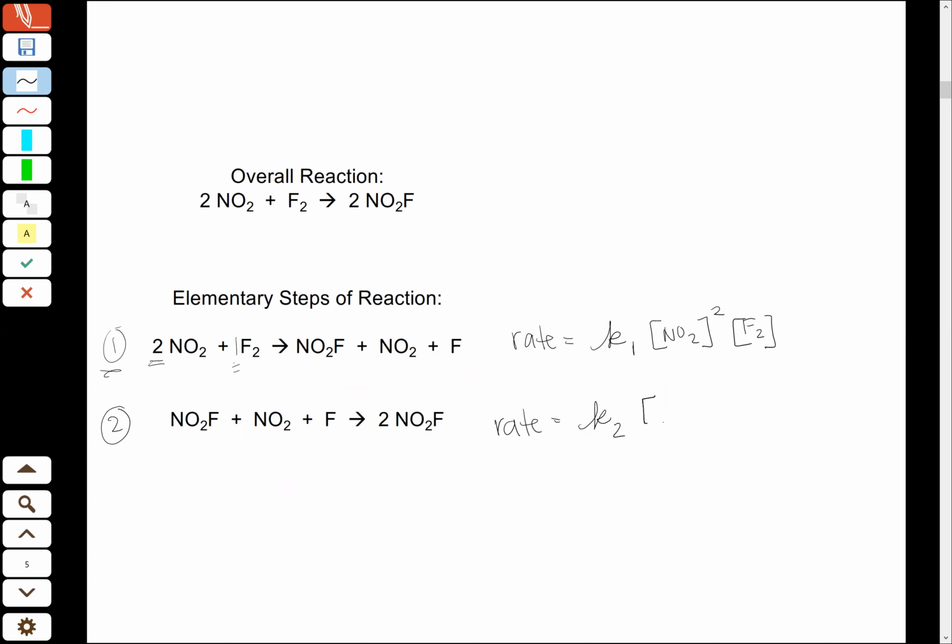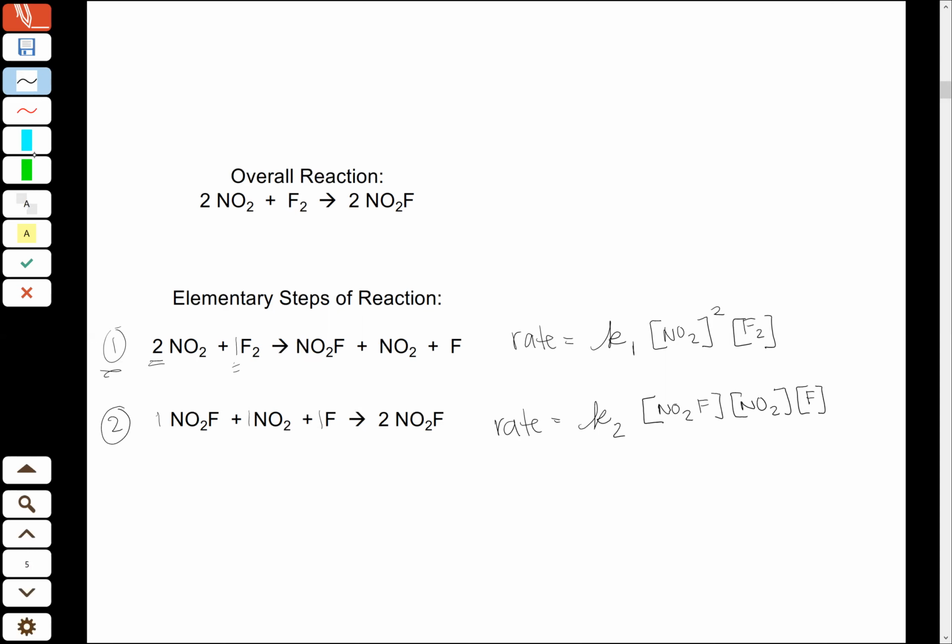And then my reactants are going to be NO2F, NO2, and F. And so it's going to be first order with respect to each of these because my coefficient is 1 in front of each of these reactants.